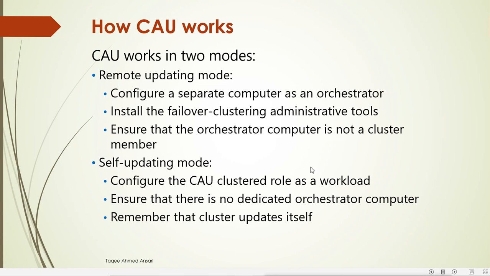That means we install the cluster administrative tools on another server which is not a member of the cluster, and from there we can update the cluster nodes. We can do that from Add Roles and Features. The server we use to update the cluster will not be a member of the cluster. So it is called remote updating.